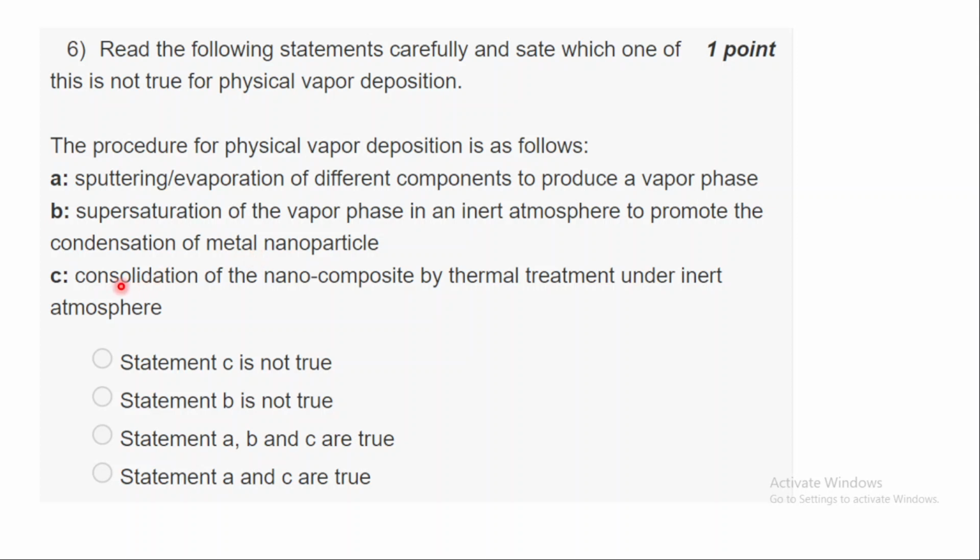And statement C is consolidation of nanocomposite by thermal treatment under inert atmosphere. Now the options are: option A, statement C is not true; option B, statement B is not true; option C, all A, B, C are true; and option D, only A and C are true.